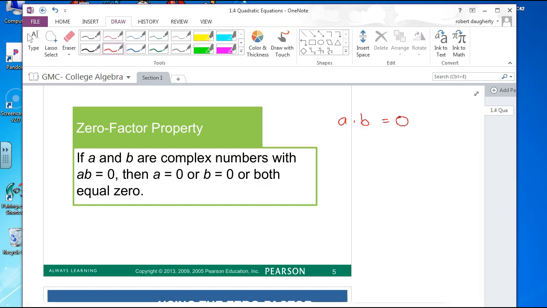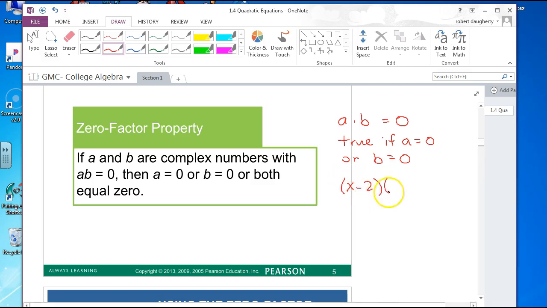That is 0. So this is a true statement only if a is equal to 0 or b is equal to 0. If one or both of them is equal to 0, I'm guaranteed when I multiply them, I will get a 0.